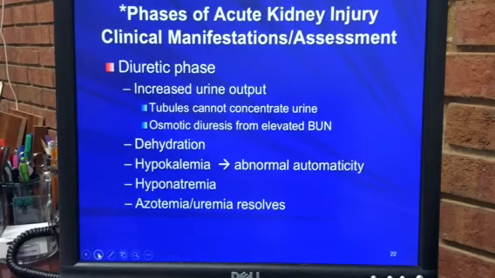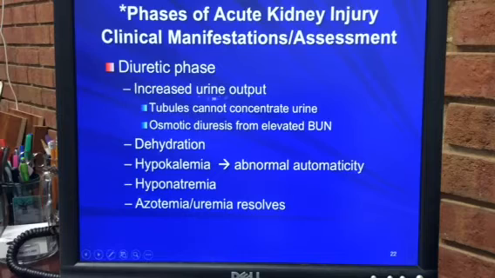The azotemia and uremia starts to resolve later in this diuretic phase. So initially in the diuretic phase, BUN and creatinine may stay elevated, but as the patient moves through this diuretic phase, the azotemia and uremia, the BUN and creatinine, decrease to baseline or it kind of plateaus out.